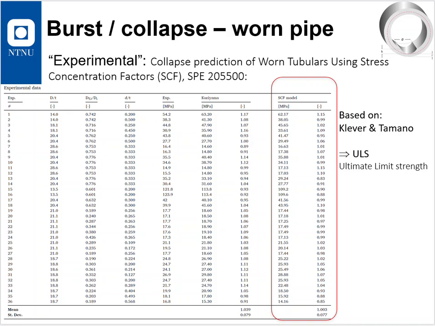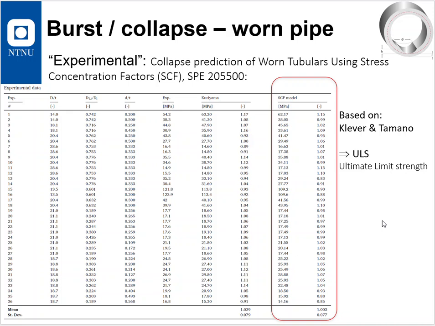The only thing coming into play with API yield collapse would be the through wall yield criteria. Now, when it comes to Clever and Tamano, it's again fully mathematically derived, also for the midsection with the instabilities. And with the stress concentration factors, we also use mathematical methods to come straightforward.